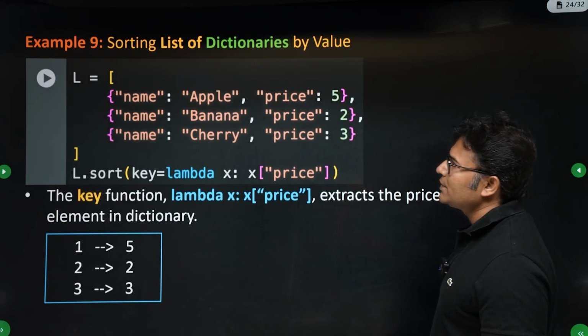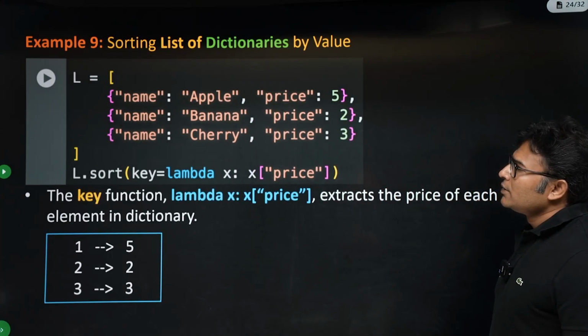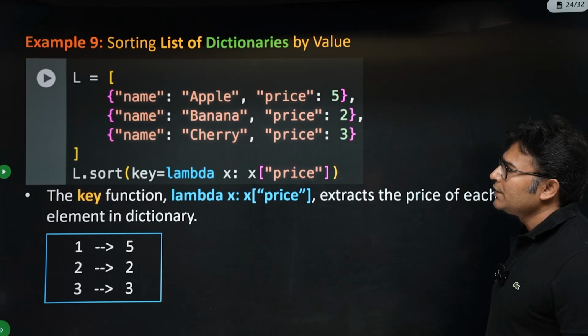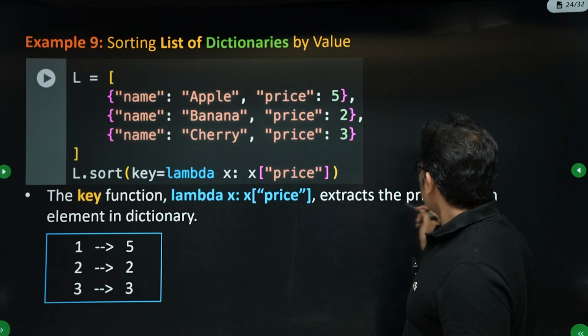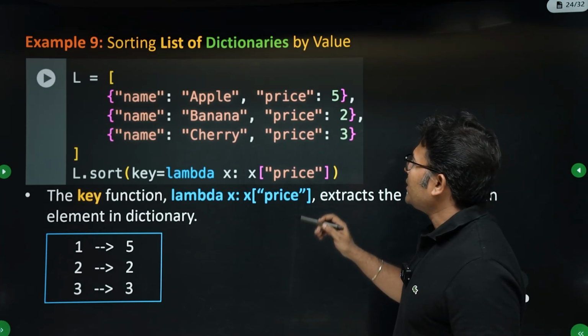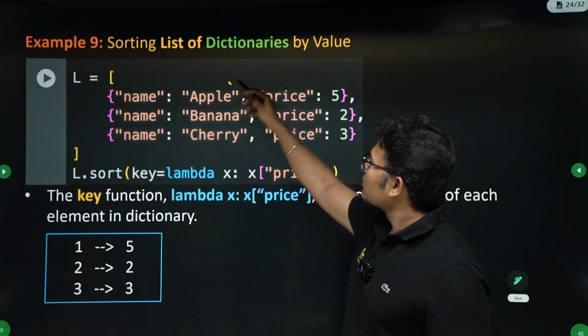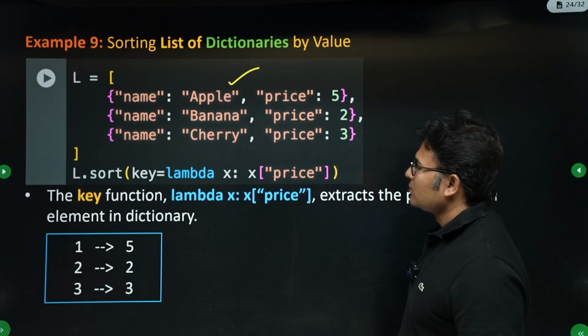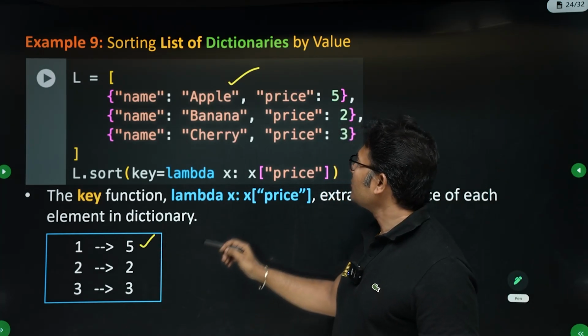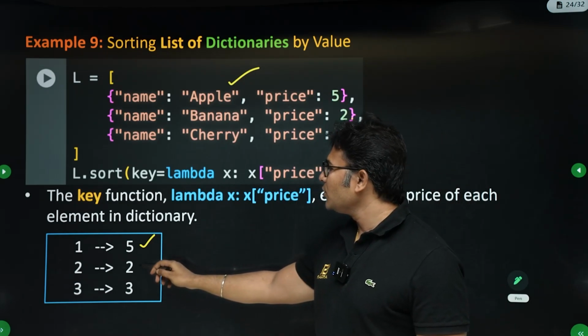Okay. So what has happened internally is the key function price extracts the price for each element in the dictionary. For the first dictionary, the value that we got is 5. For the second dictionary, the value that we got is 2.